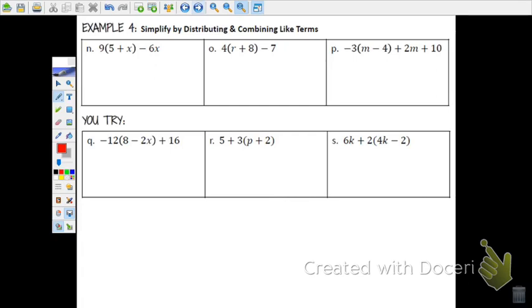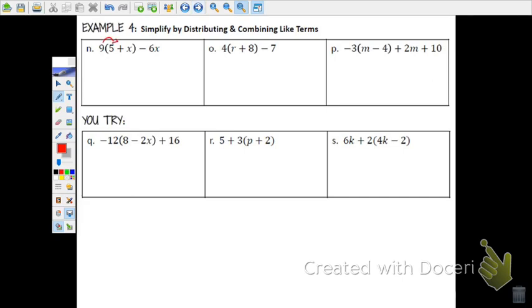And then in this example 4, we're going to be doing a combination of distribution and combining like terms. So when we think about order of operations that we worked with previously, order of operations has us multiplying first, which means we need to use our distributive property first.